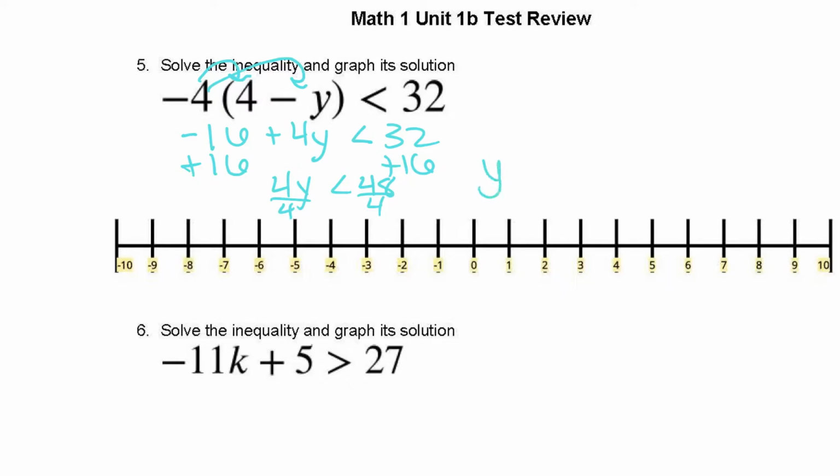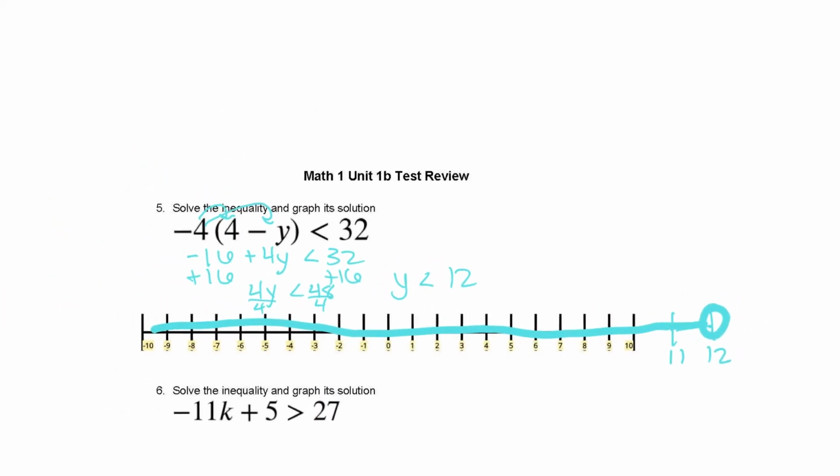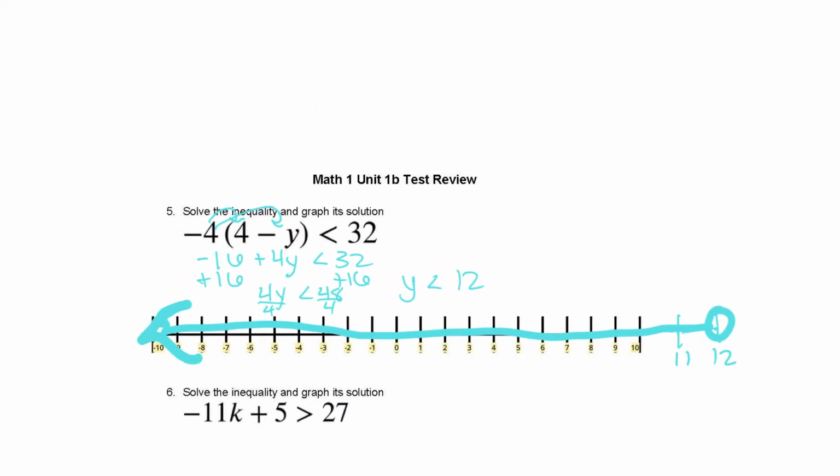I get y is less than 12. And if you look once again, I don't have my number line going along as far as I need it to. So I'm going to draw my open circle, because it's just the less than, and draw my arrow all the way to the end of the number line.